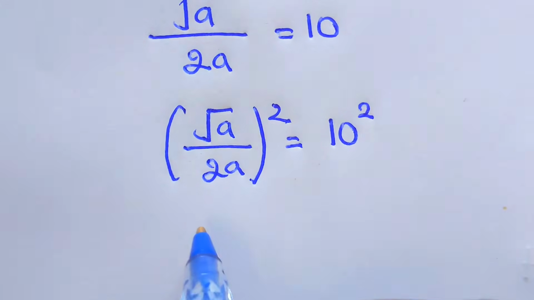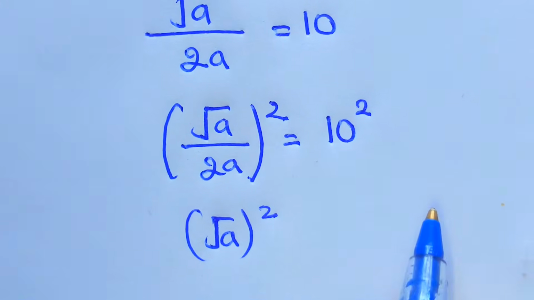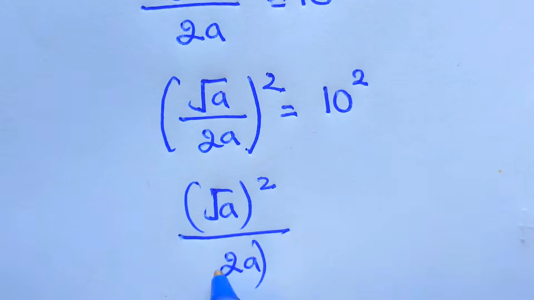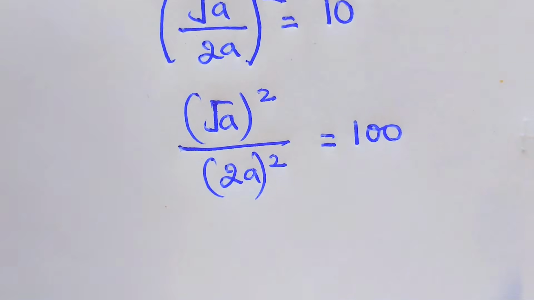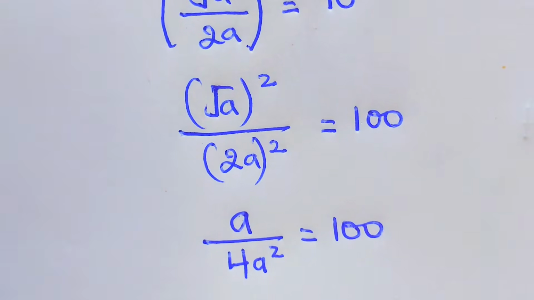So the square root of a squared over 2a squared equals 100. At this stage we have a over 4a squared equal to 100.